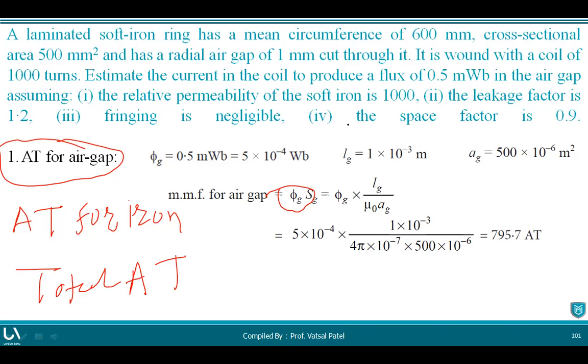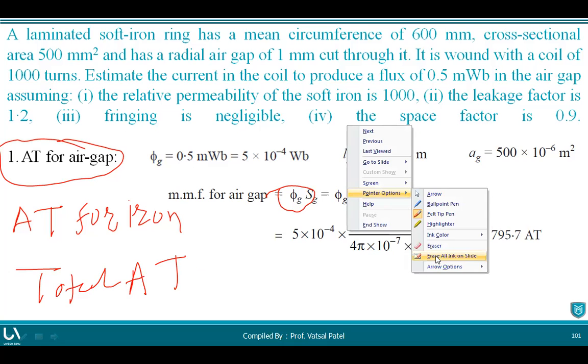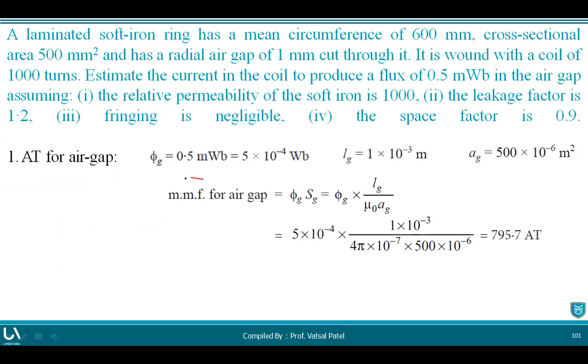Now one thing that I want to ask here: if I'm using the mmf for the air gap of phi g into S g, where S g, that is the reluctance, is equal to l g divided by mu 0 into a g, or mu 0 mu r into a g, should we use the same equation for the iron path material? Yes or no? Should we use the same equation for the iron core when we identify the ampere turn for the iron path material? Tell me quickly.